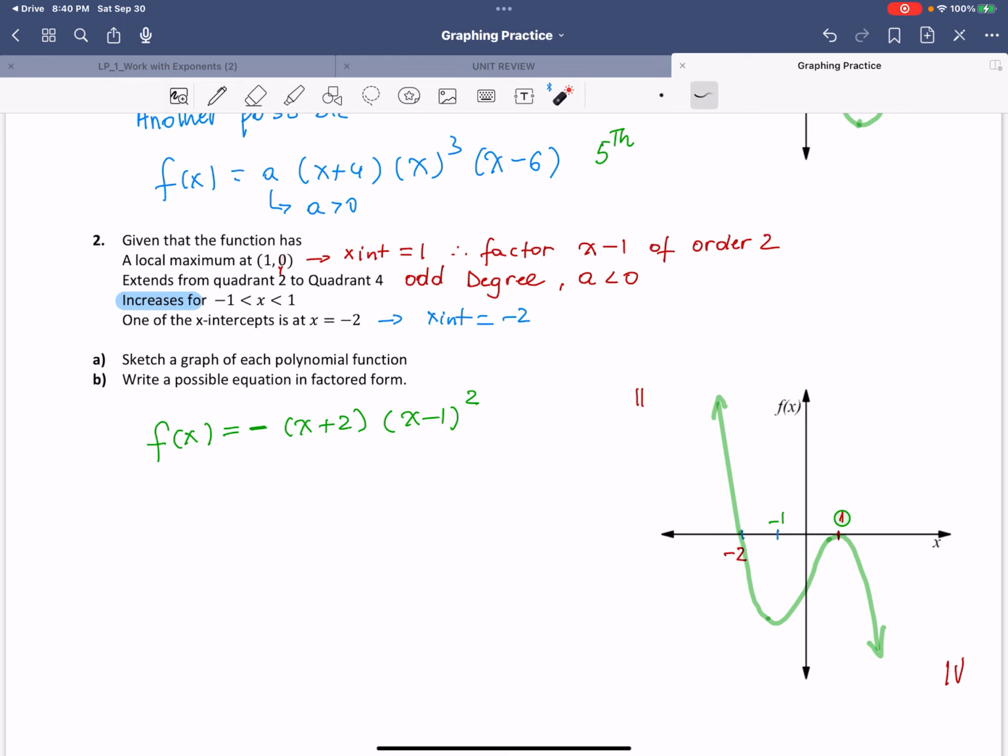What we can build in here is a third order root at x equals -2, go down, go up again. So another possible equation in this case would be f of x equals negative (x plus 2) to the power of 3, times (x minus 1) to the power of 2. What we know for sure though is that this will be an odd degree polynomial function.